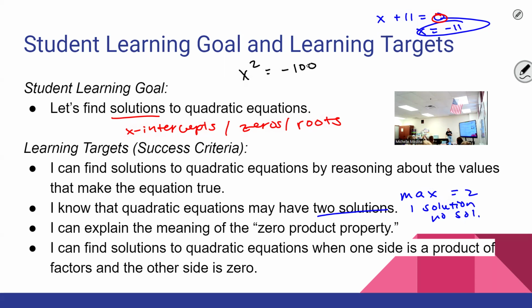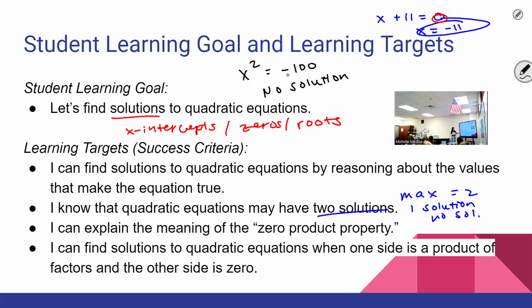No, 1 squared is 1. Okay, good. You can never square a number and get a negative. So this would be an example where there's no solution, because you can't square a number and get a negative. Not even -10. -10 squared is +100. So that would be an example of a no solution in algebra.